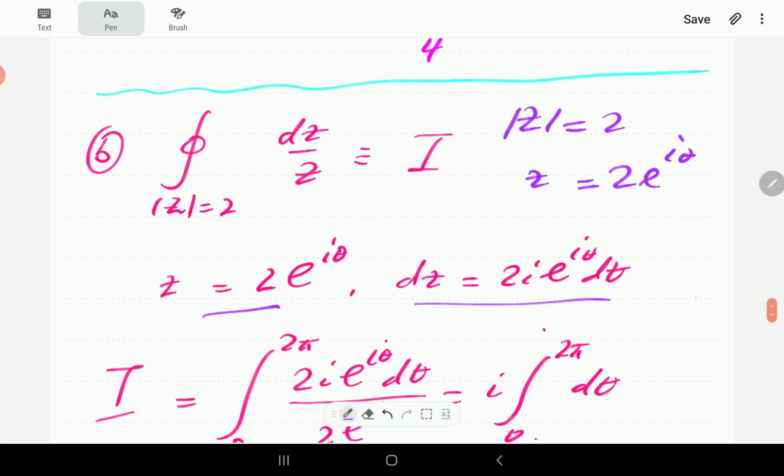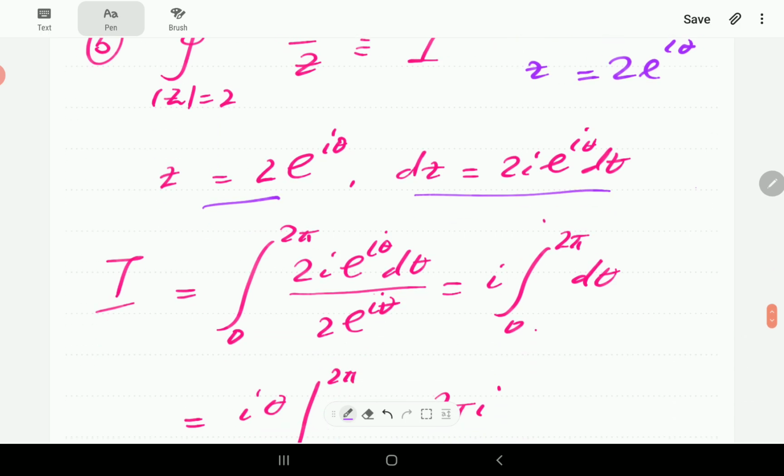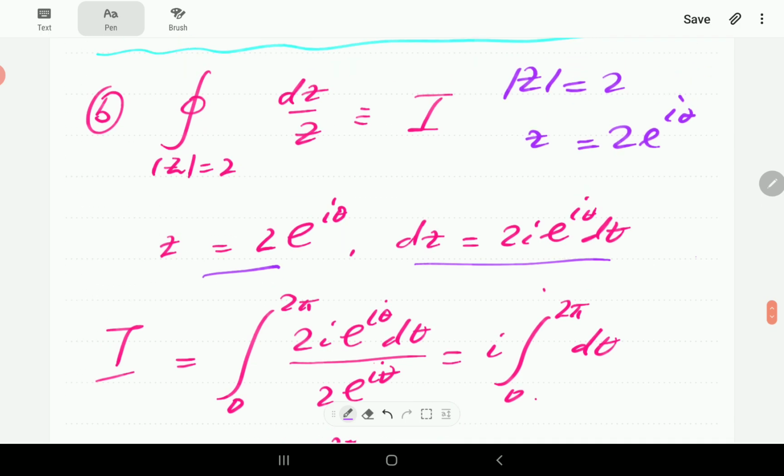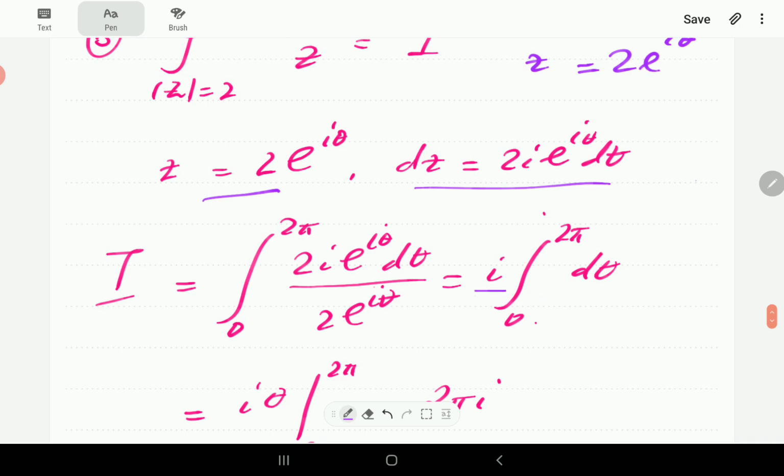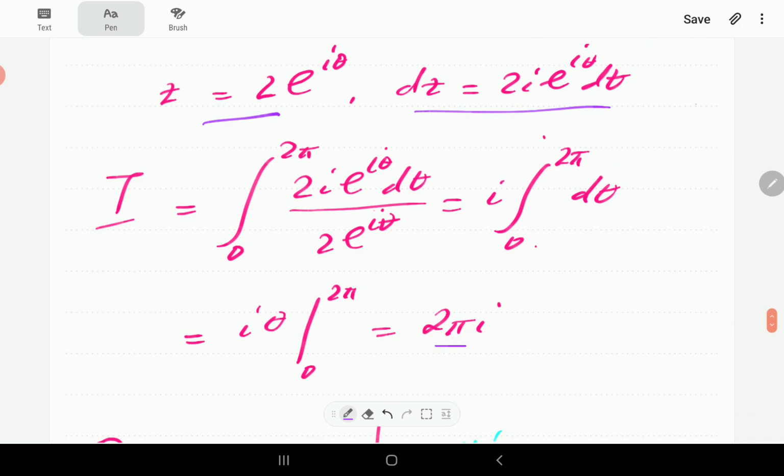So dz is going to be 2i e to the i theta. If we substitute into this integral here, that's our dz, that is z. The 2 cancels out, e to the i theta cancels out. It's exactly the same integral as we had before, so it's going to work out to 2 pi i.